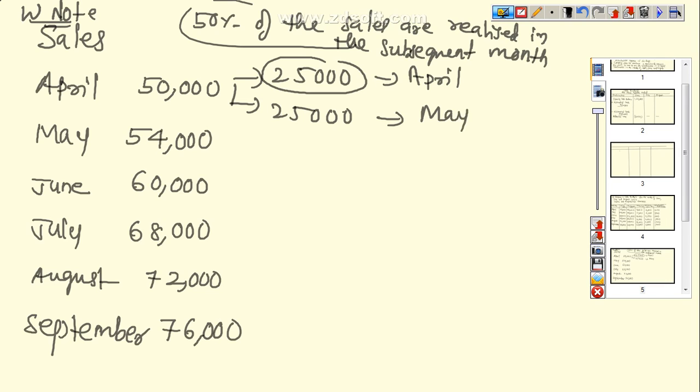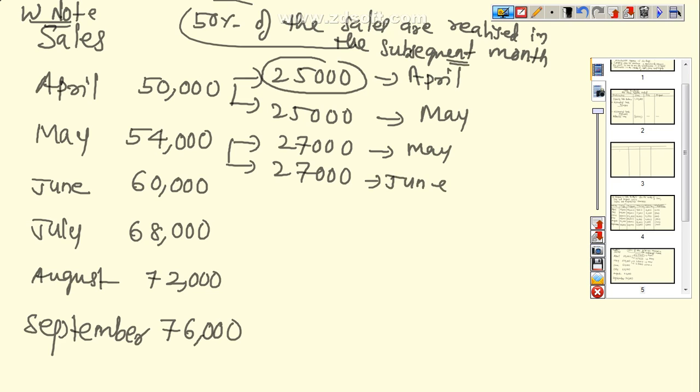Again in May there is a sale of 54,000. We have to segregate it into 27,000 and 27,000. This 50% we realize in May and this one in the subsequent month, June. So how much amount do we receive in the month of May? Previous month 25,000 plus 27,000 of this month, that is equal to 52,000.